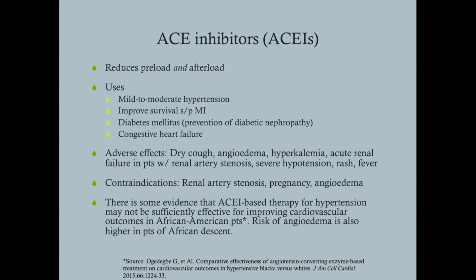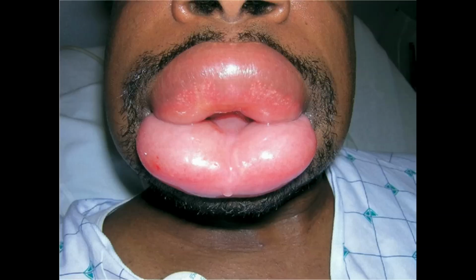So another reason why we may want to think twice about giving ACE inhibitors to patients of African descent. But like I said, there's controversy about that. You may find different things depending on where you go. But like I said, I prefer this because I read this in the literature, and it also jives with my personal experience in the clinic.